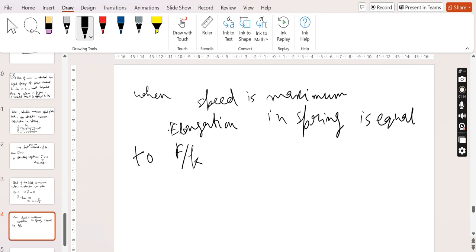Now, to find maximum speed, we need to use the work energy theorem.